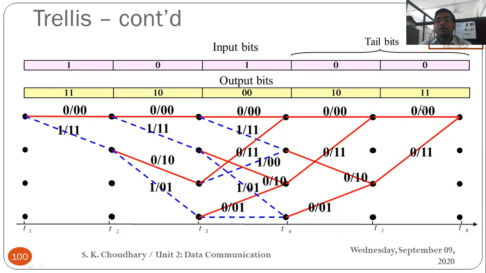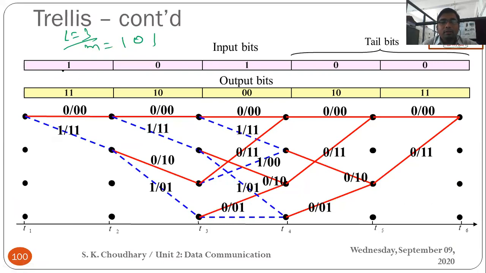So we are now at the encoding part. We know that in encoding with the trellis diagram, what is the way of encoding? Here we have taken an example of a 3-bit message, so L is equal to 3. The message is 101.